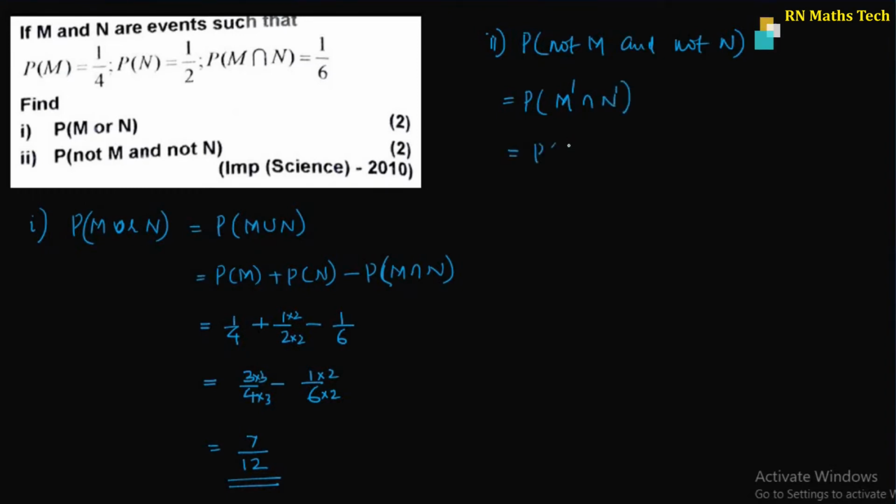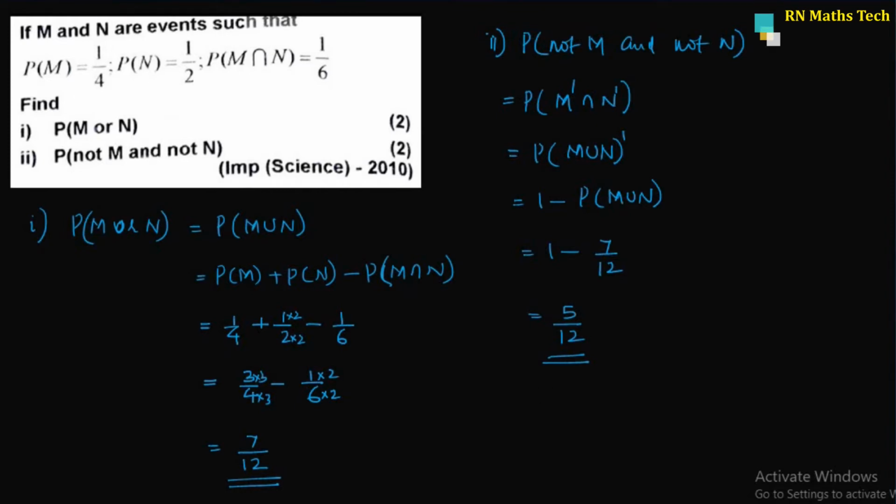That is equal to P of M union N the whole dash എന്ന് കൊടുക്കാം. That is 1 minus P of M union N ആണ്. That is 1 minus 7 by 12. Okay, 12 minus 7, 5 by 12 എന്ന് കിട്ടും.